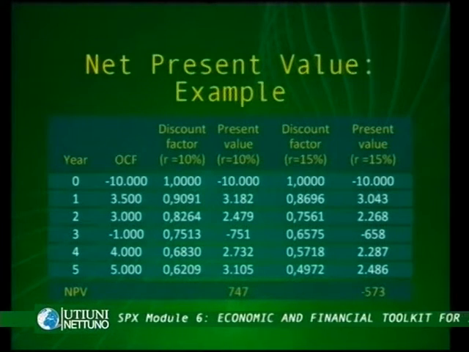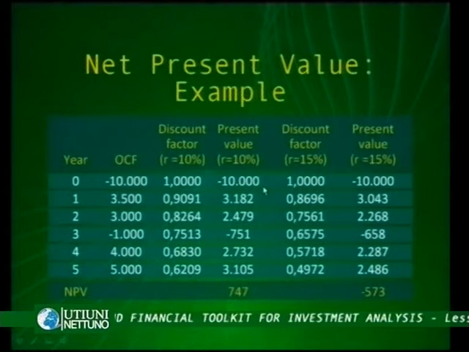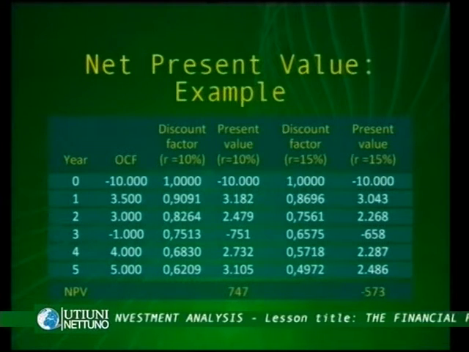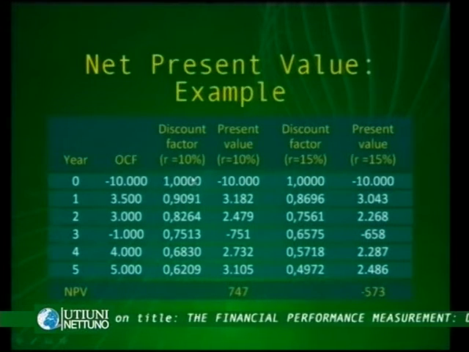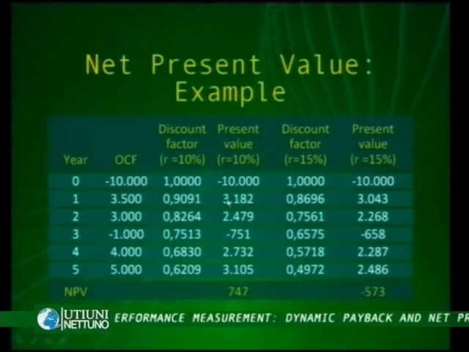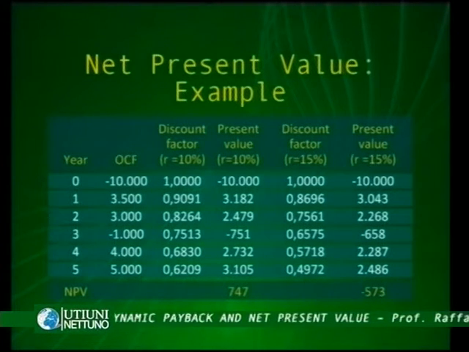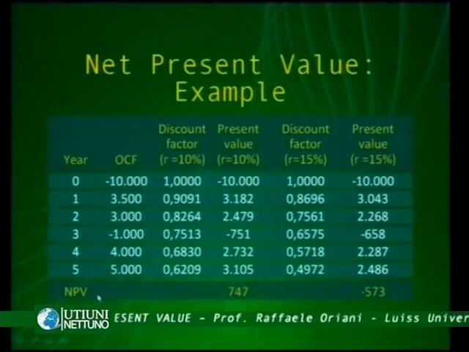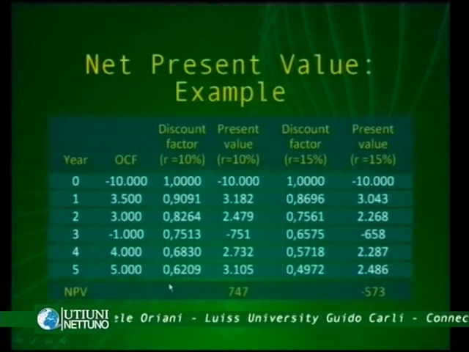We are calculating the present value of each of the cash flows. Clearly, the present value of the initial investment, as it's made here, is already a present value, and so it's minus 10,000. And in fact, the discount factor is equal to 1. Then we have here the different present values of all the remaining cash flows from year 1 to year 5 that are calculated by multiplying the predicted operating cash flows times the discount factor at the relative timing.